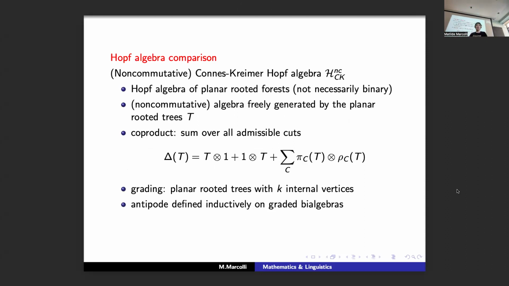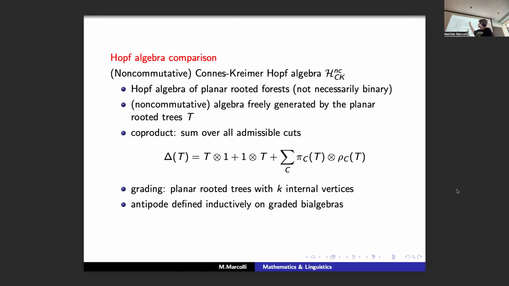But okay, so a question that one can naturally ask at this point is, this is the way that you can assemble these planar or binary rooted trees together into a Hopf algebra structure. What kind of relation does it have to the Hopf algebra of trees that we have been using before, where you do these admissible cuts, and where you necessarily have forests included and not just trees?